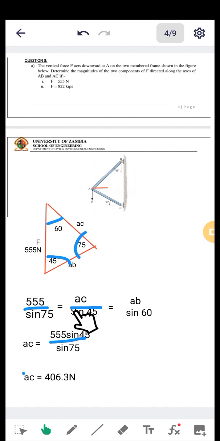It might not be that accurate if you use AC since you have found AC, but it's simpler to use this one and this one.